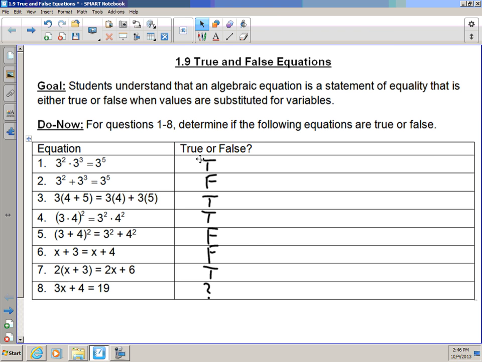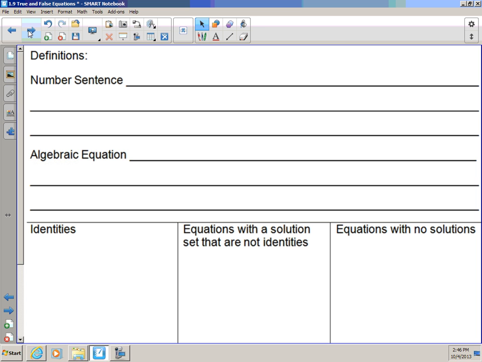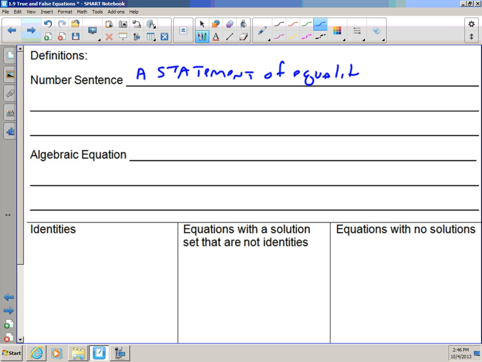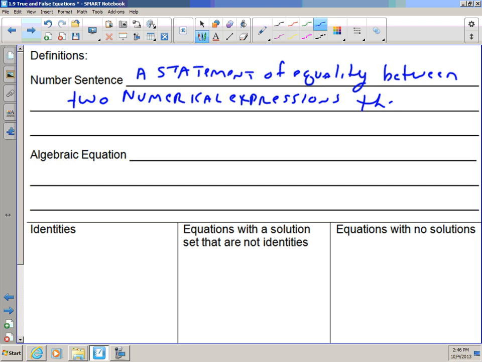So, a couple of definitions. A number sentence is a statement of equality between two numerical expressions that is either true or false.